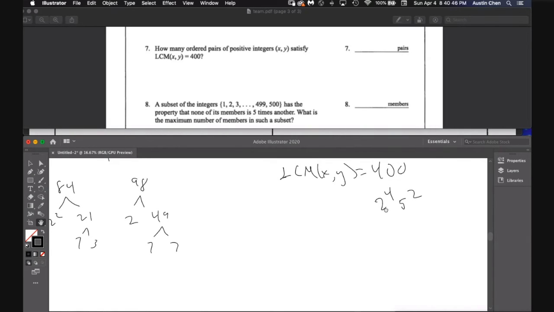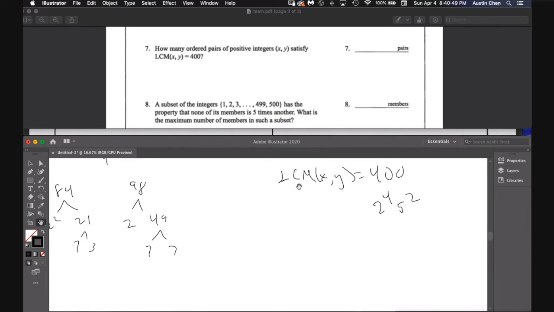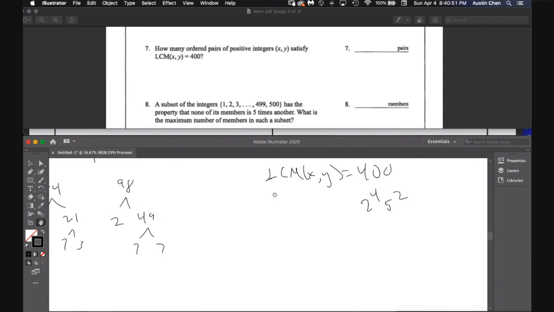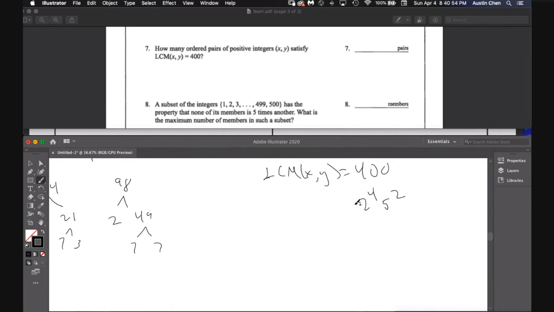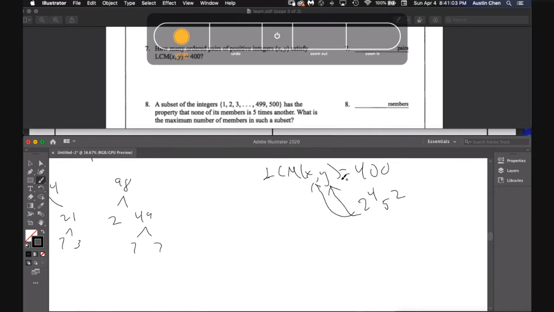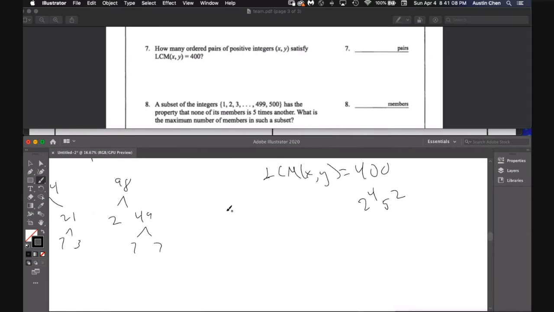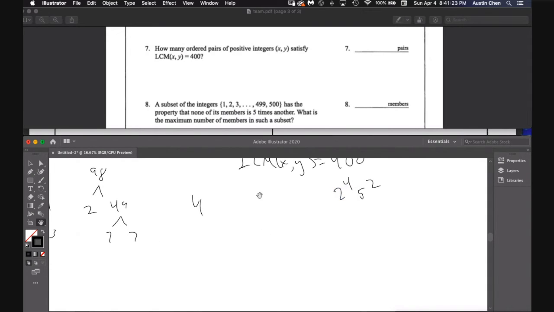So 2 to the 4 can either go to x or it can go to y. 5 squared can either go to x or it can go to y. So maybe one thing we can think is that we initially have four ways to arrange where our 2 to the 4 and our 5 squared go.